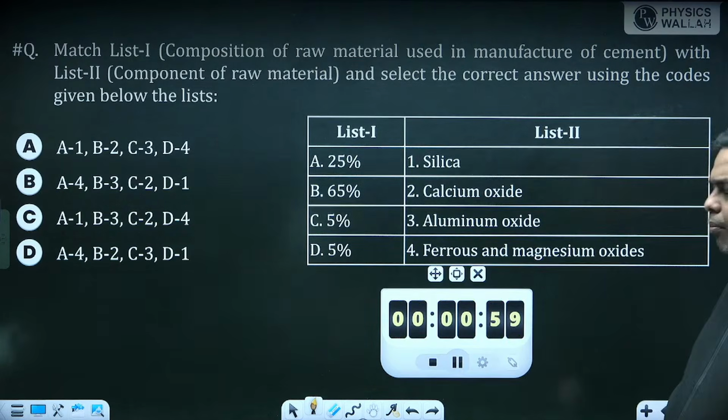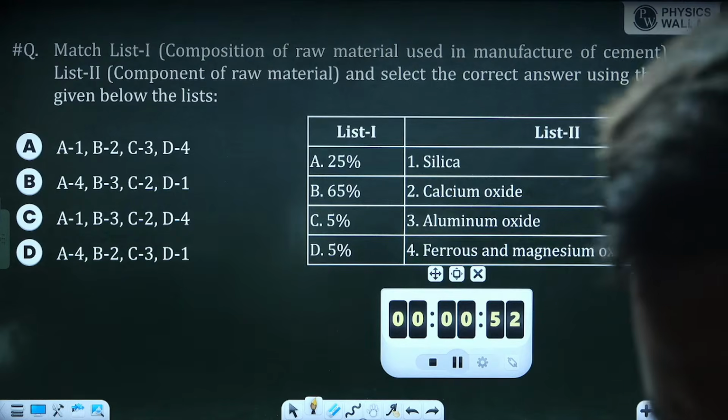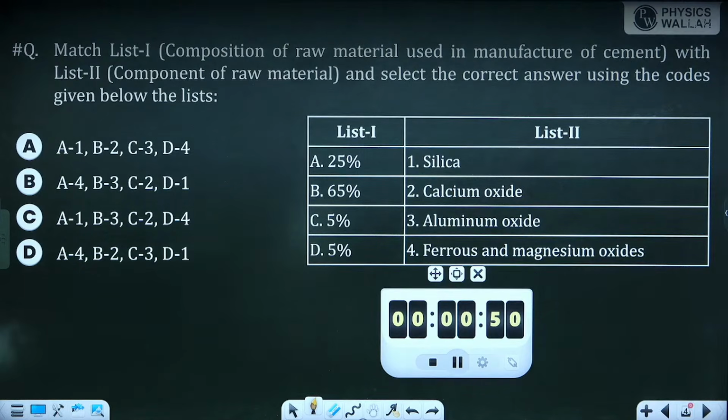Again one minute. Please solve. It's an easy question again. What will be the answer?